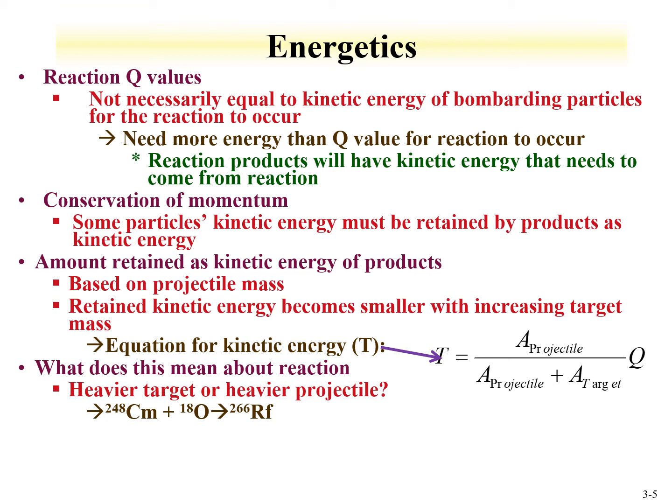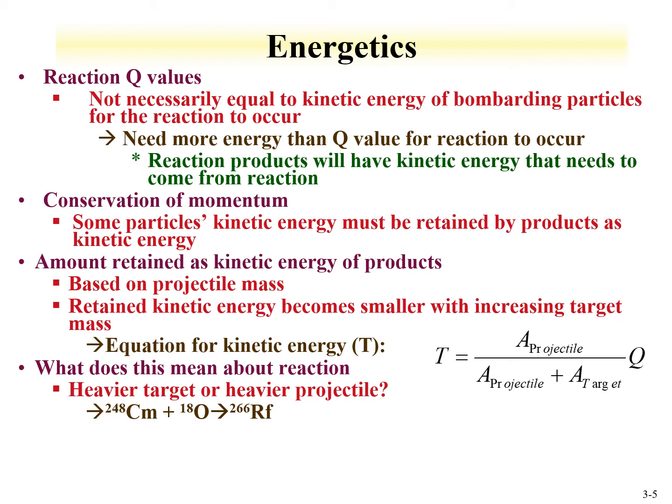Now let's think about what this means for a reaction where I'm making a compound nucleus. Let's make this a relatively straightforward reaction: curium plus oxygen 18 going to rutherfordium 266. What does this mean if I either accelerate oxygen into a curium target, or curium into an oxygen target?